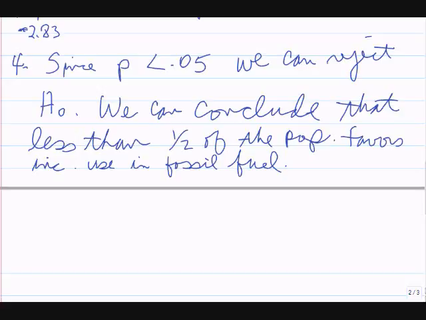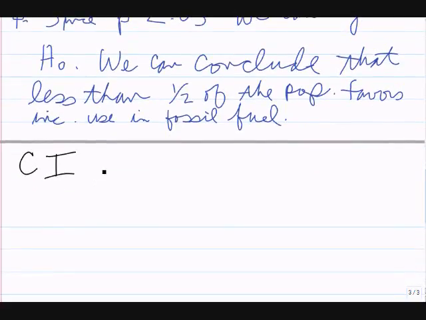It'll tell you approximately what proportion favors the increased use in fossil fuels. So let's go back and do a confidence interval on the same set of data, just to see what else we can get. So let's do a 95% confidence interval.